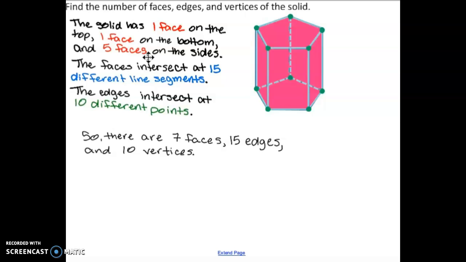So that gives it 7 faces, and the faces intersect at 15 different line segments. We count each one of these: 1, 2, 3, 4, 5, and then 5 more, and then 5 more on the bottom. That gives you 15. And then the edges intersect at 10 different points: 1, 2, 3, 4, 5, 1, 2, 3, 4, 5. That gives us 10. So there are 7 faces, 15 edges, and 10 vertices.